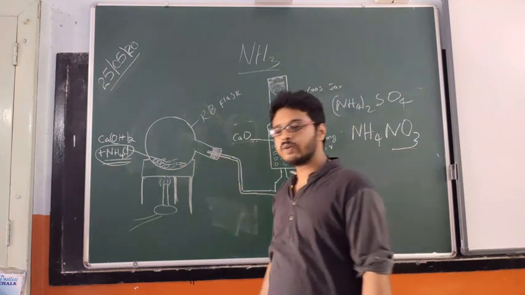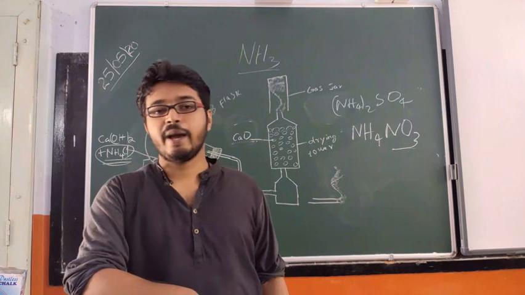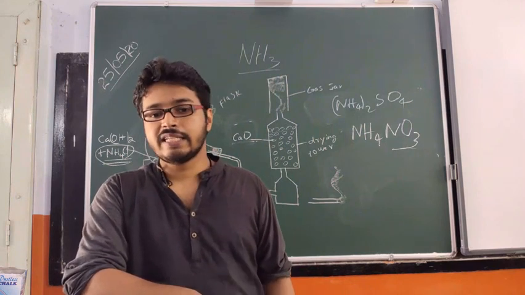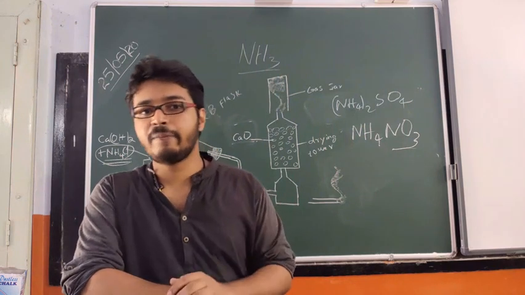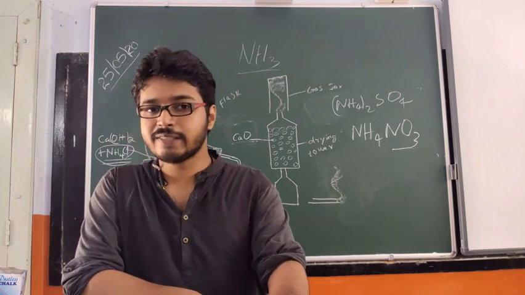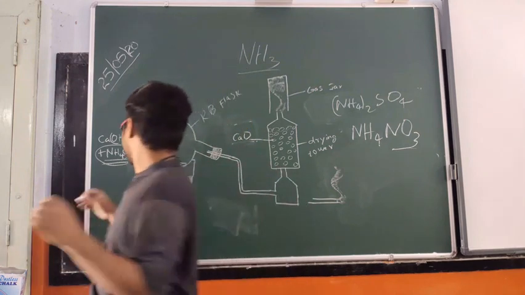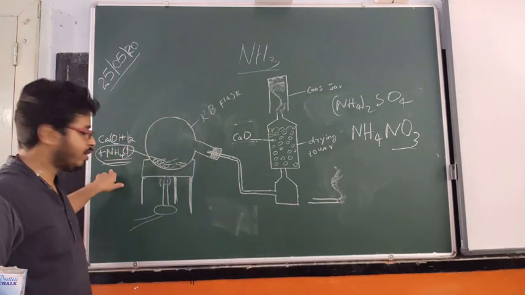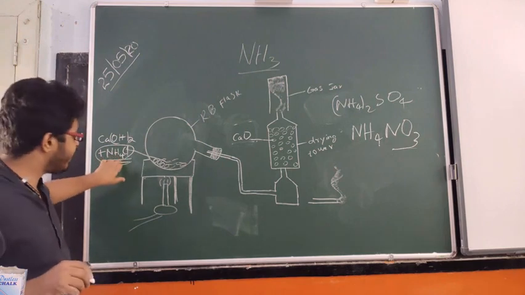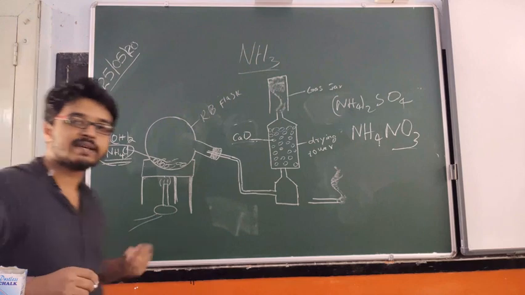What is the reason? In your smaller classes, you studied about sublimation. We have studied various sublimable substances. One of the sublimable substances that we have studied is ammonium chloride, the reactant that we are using. So one of our reactants is an easily sublimable substance. What is sublimation?